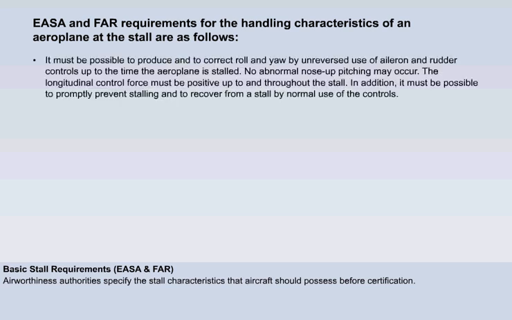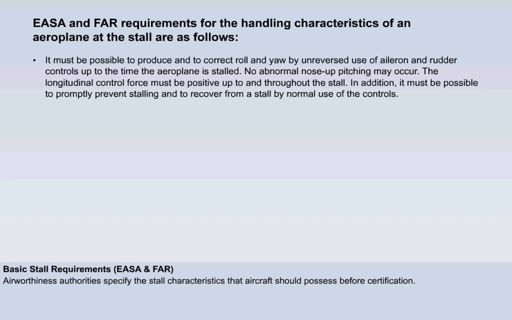The rules specify, first, that it must be possible to produce and to correct roll and yaw by unreversed use of aileron and rudder controls up to the time the aeroplane is stalled, and that no abnormal nose-up pitching may occur. The longitudinal control force from the elevators must be positive up to and throughout the stall.